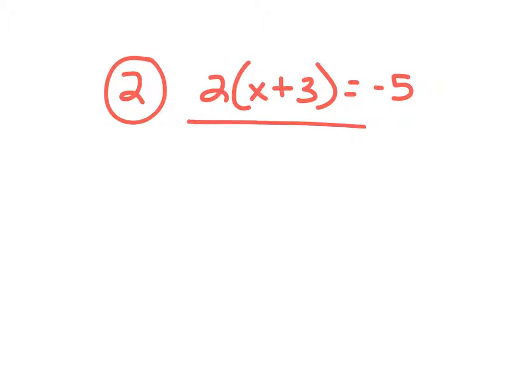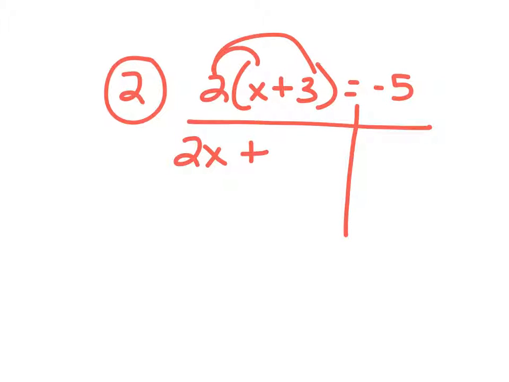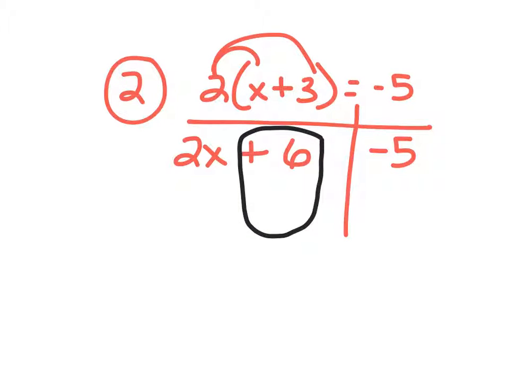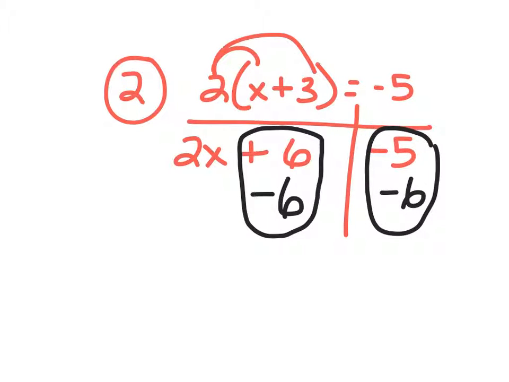The first step I would take is draw a t-chart, and then I would think about 2 groups of x as 2x plus 2 groups of 3, which is 6, equals a negative 5. From here, if I want to create that zero pair we've been talking about, out of 6 positive coins, I would have to subtract 6 coins from the left and subtract 6 coins from the right to keep it balanced.